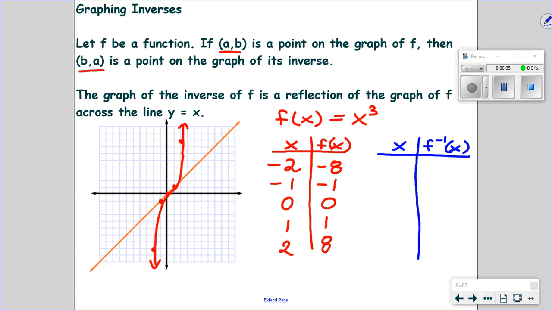So the ordered pairs on the graph of the inverse function would be -8, -2, -1, -1, 0, 0, 1, 1, and then 8, 2. Okay, so if I graph these points, -8, -2, -1, -1, 0, 0, 1, 1, and then 8, 2, I get a graph that looks like this.